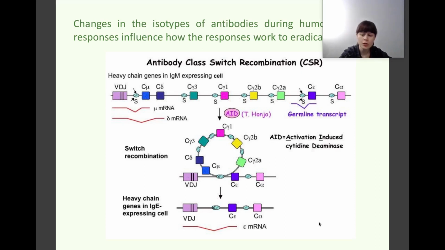So if you want to learn more about this, I recommend you read Abbas's Cellular and Molecular Immunology book, and also here is an example of this antibody class switching by VDJ recombination. And I need to mention that Susumu Tonegawa received the Nobel Prize in 1987 for his discovery of the genetic principle for generation of antibody diversity.